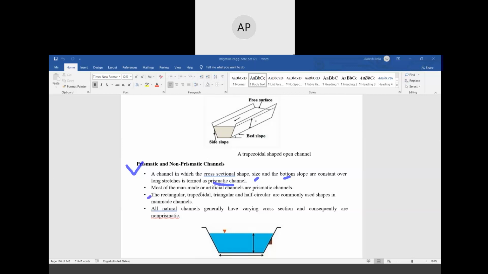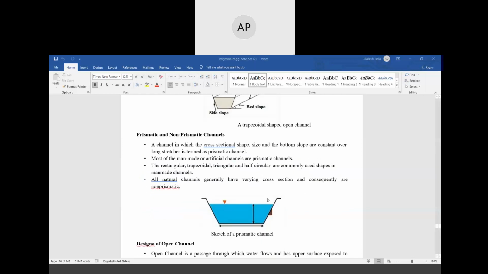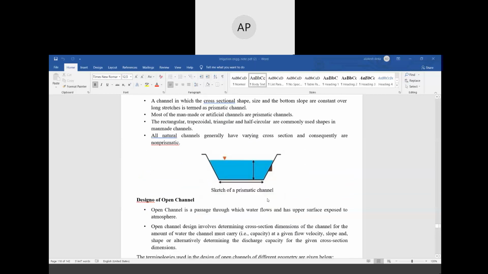Rectangular, trapezoidal, triangular, and half-circular are commonly used shapes in man-made channels. All natural channels generally have varying cross sections and consequently are non-prismatic. So those which have varying cross sections are called non-prismatic channels.